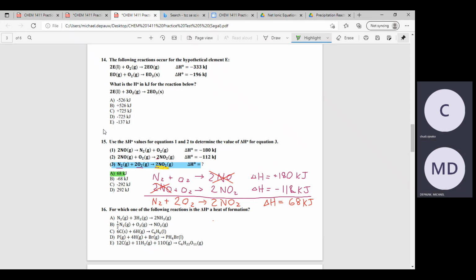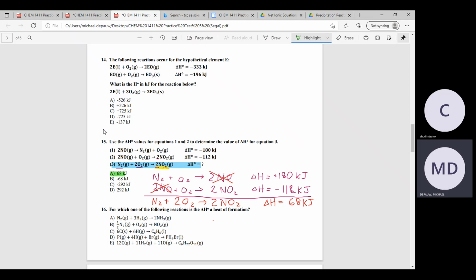I'm just kind of confused on how. What you're trying to do is figure out how to add these equations together to give you the overall equation. Okay.